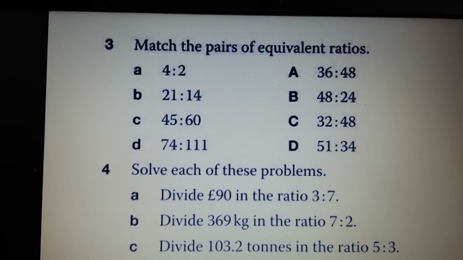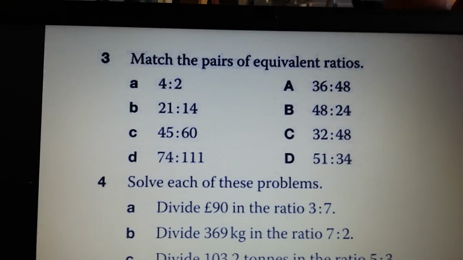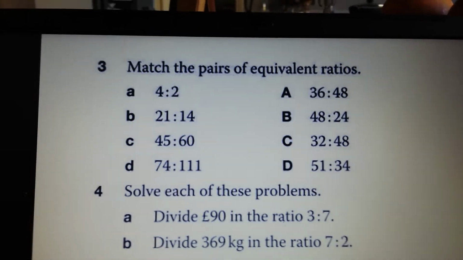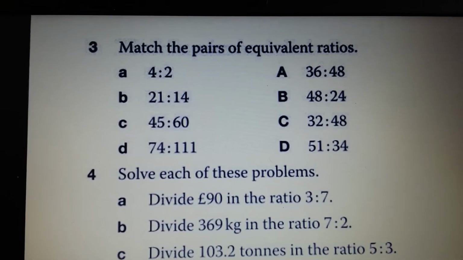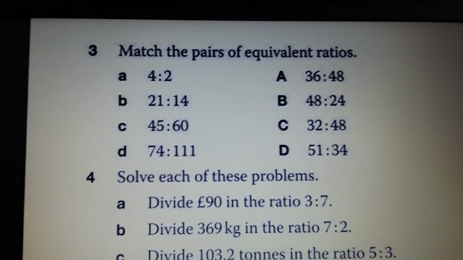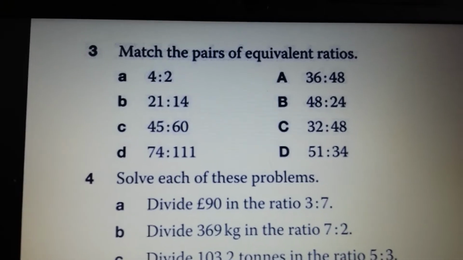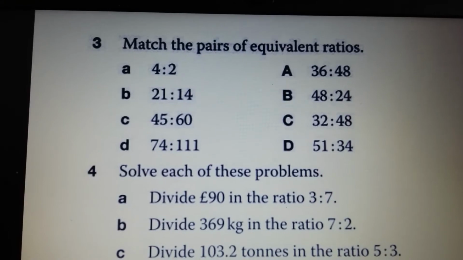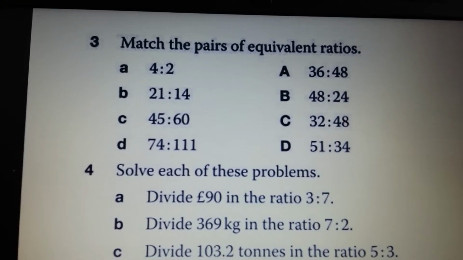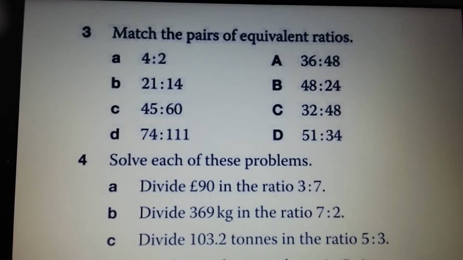You're looking at that capital B, because 24 double that will give you the 48. So 4 to 2 matches up with 48 to 24. So little a matches with capital B.